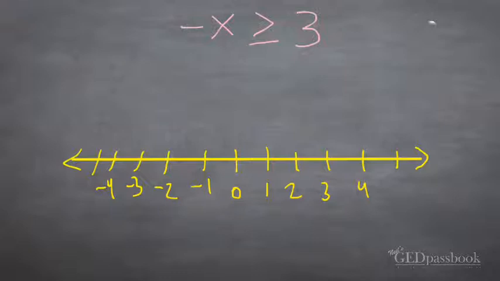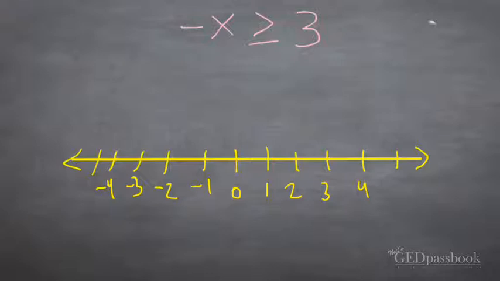A closed circle on 3. Shaded into the left. Does everybody agree with that? The thing is, my friends, before you even draw anything, your inequality sign is not done.